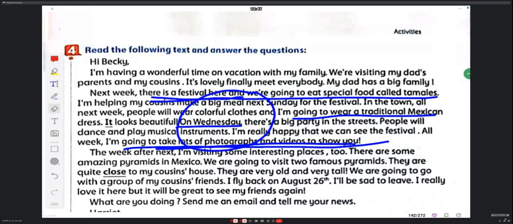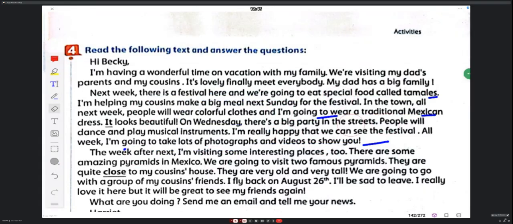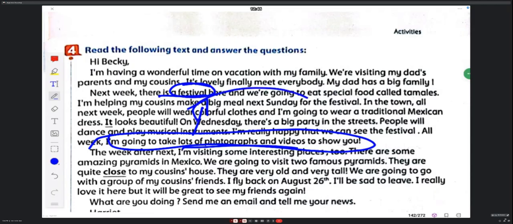So we can shorten the whole text in one sentence, but it is a festival. I am going to show you the festival by sending you photographs and videos. It is not easy to put the whole paragraph in one sentence, so we must put the main idea.